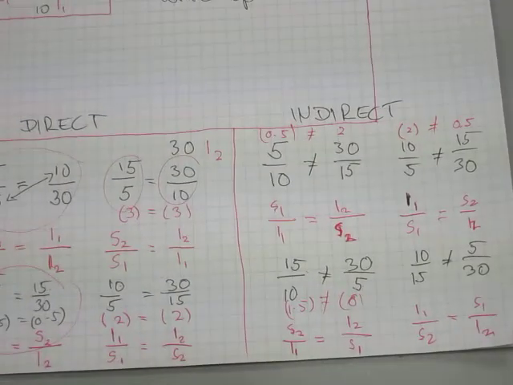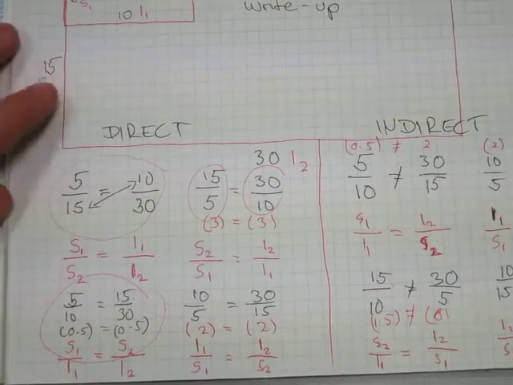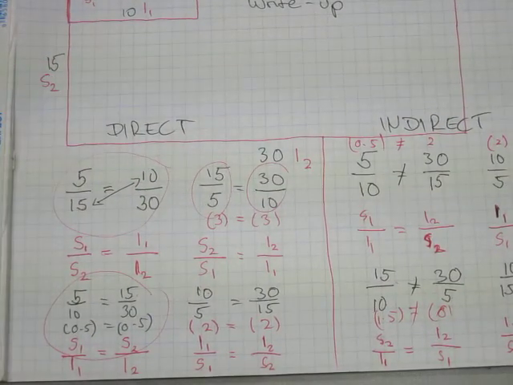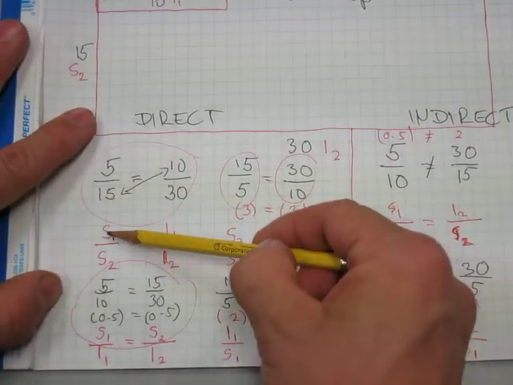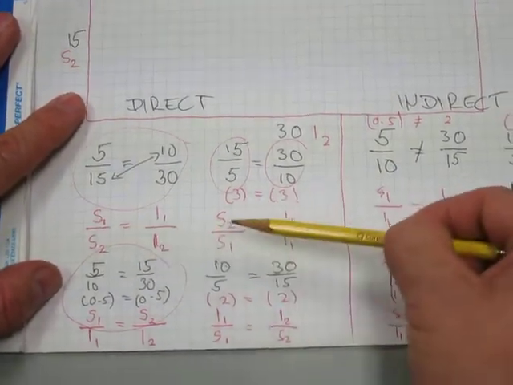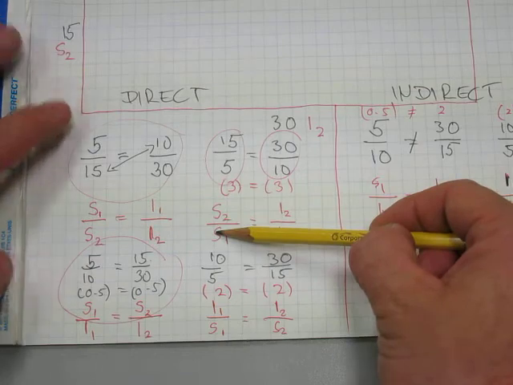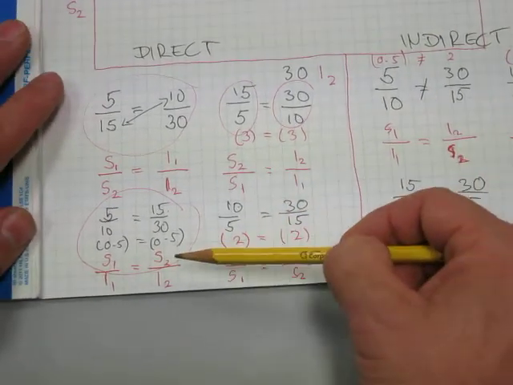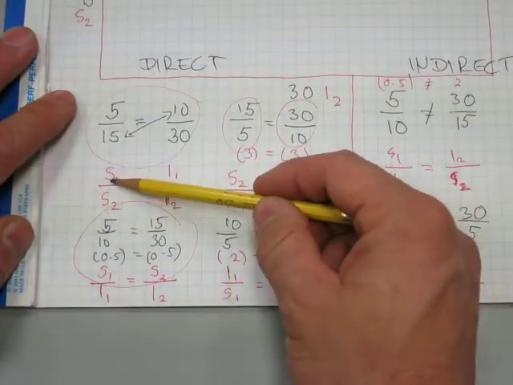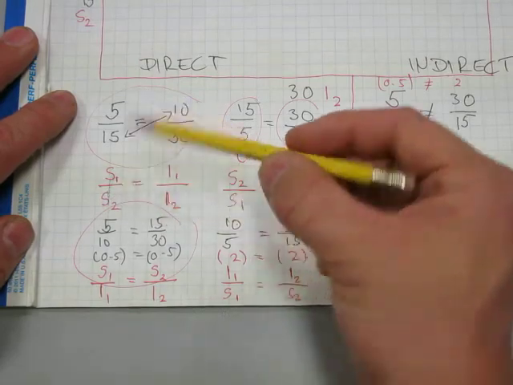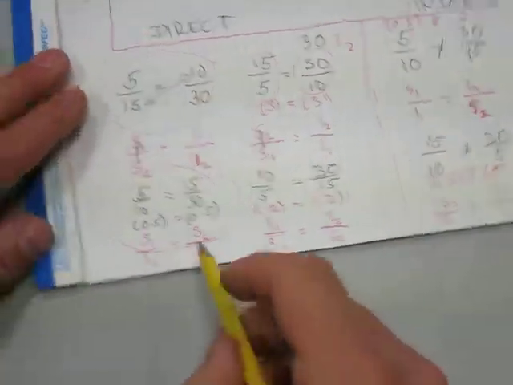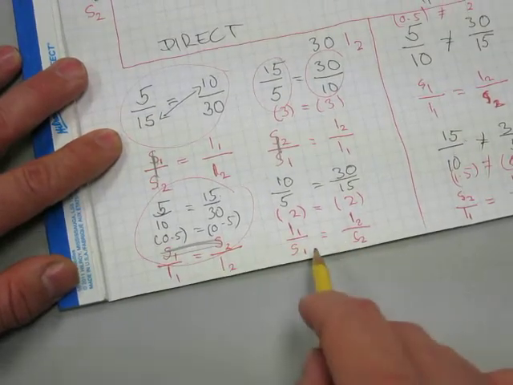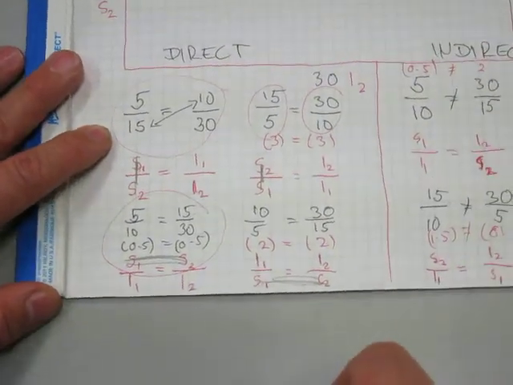Now, how can you tell if your format is a direct format or an indirect format? There's a pattern to this madness. Look at this one here. Short side, short side, short side, short side. The short and short are vertically lined up like this, or the short and short are horizontally lined up like here and like here.